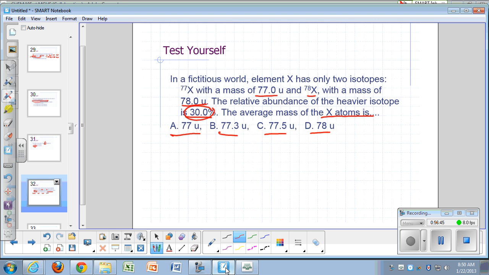Let's see. All right. So 30% of the heavier isotopes, so the 78. If you had 10 of these, 3 would be 78. The other 7 would be 77, right?